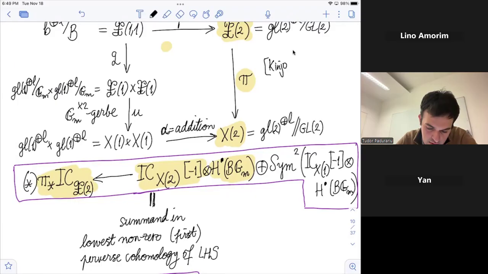Who proved it? Kinjo, probably after Meinhard and Reinecke, and maybe even later than you. But in this particular case, it's known.